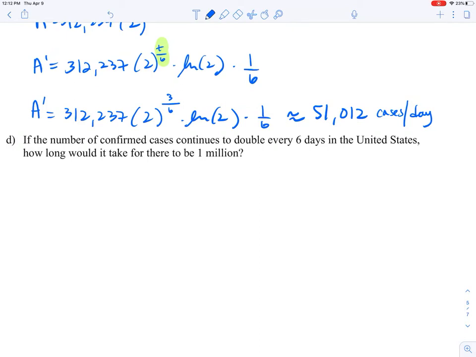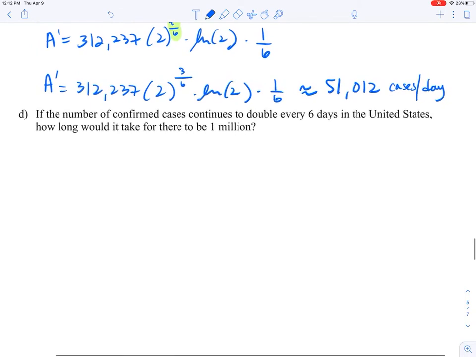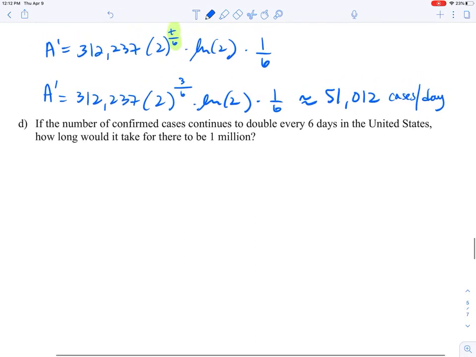So if the number of confirmed cases continues to double every 6 days in the United States, how long would it take for there to be 1 million cases? So we take our model, set A equal to 1 million.